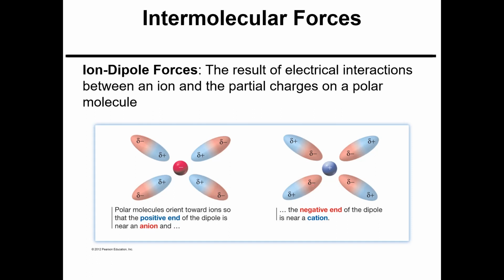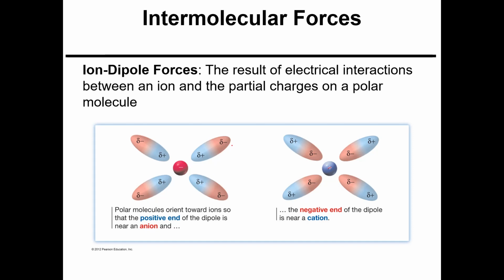If you put an ion into a substance that is polar, the positive ends of the polar molecule are going to be attracted to the negative ions, and the negative end of the polar molecule is going to be attracted to the positive ions.